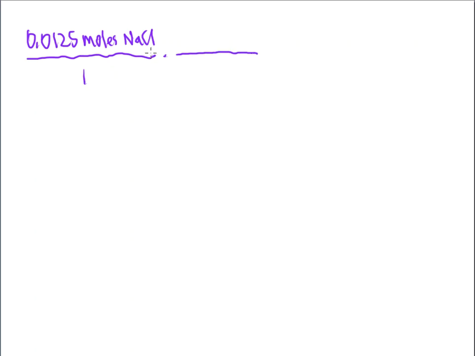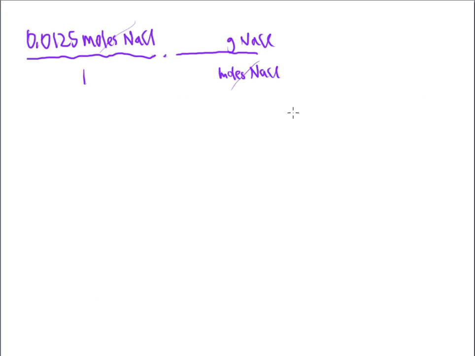Well, the way that you do dimensional analysis is that the step on top needs to go on the bottom in the very next step, right? So moles of sodium chloride, I need moles of sodium chloride down here, and I need to go to grams of sodium chloride. And that way these units can cancel each other out. That's the whole purpose of doing that, right?